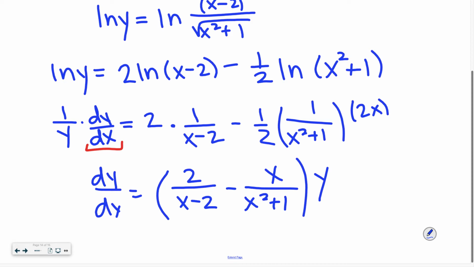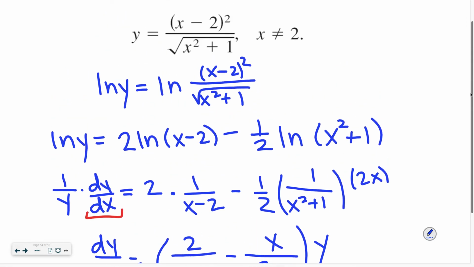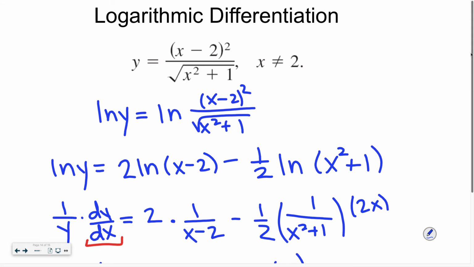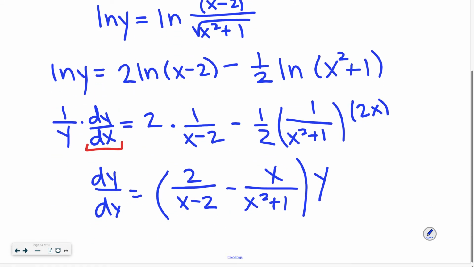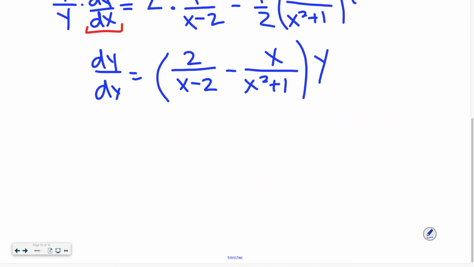Now, technically, this is not a wrong answer. However, what sort of equation did we start out with? Implicit or explicit? It started out explicit. y equals something in terms of x. If our equation starts out explicit, then your derivative should match. So, right now our derivative is in terms of x and y. It's implicit.